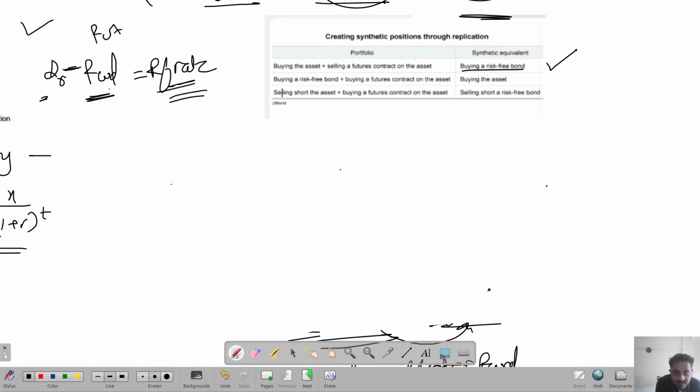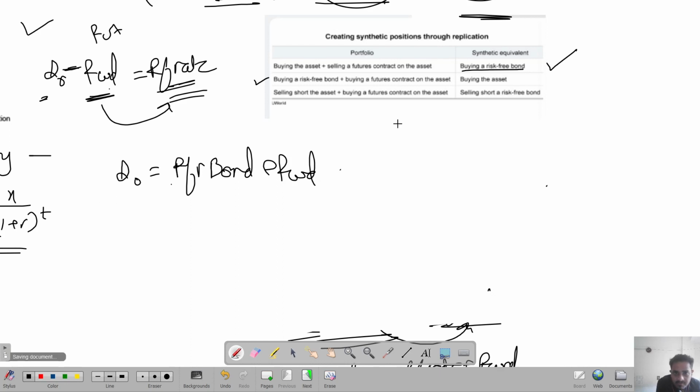Similarly, if I have the spot and I put the forward contract on the right-hand side, it is going to be a risk-free rate bond plus forward.